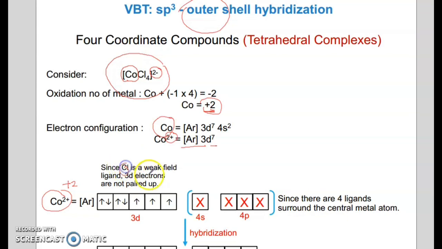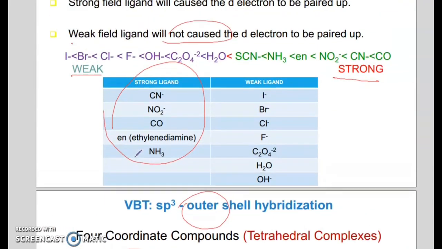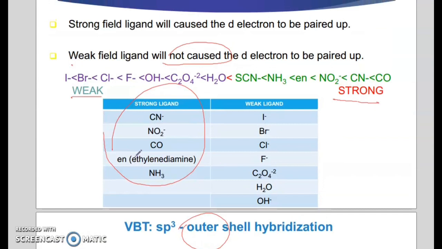And since chlorine is a weak field ligand, the 3d electrons are not paired up. We need to know which ones are the weak and the strong field ligands, so you need to memorize these trends.